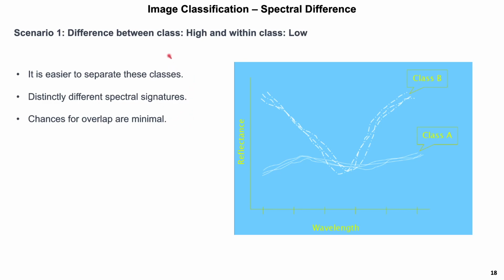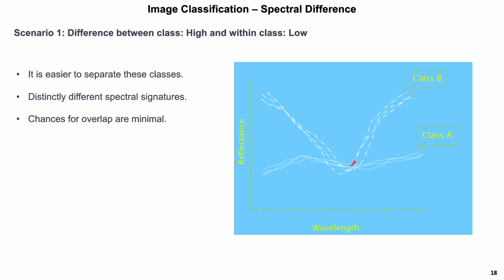So scenario 1 is like you are taking the training data for a supervised algorithm. Your x-axis is band 1, band 2, band 3, band 4, and your y-axis is reflectance, and you plotted a spectral signature plot. This is the ideal scenario.